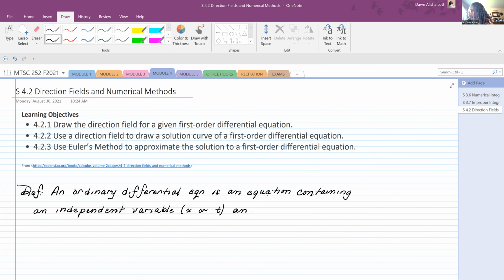and a combination of a dependent variable, most times we're going to use y, and derivatives of y.